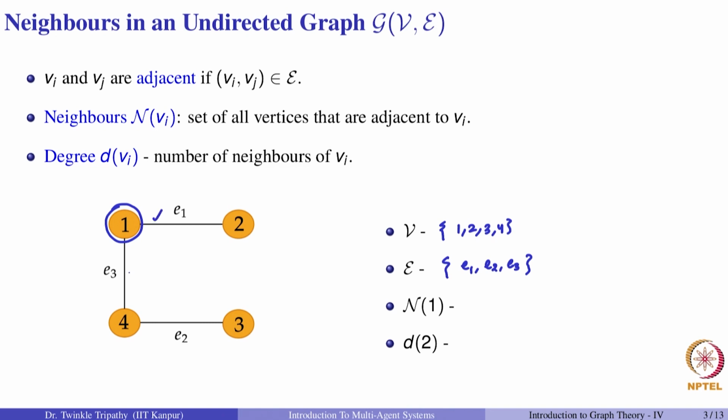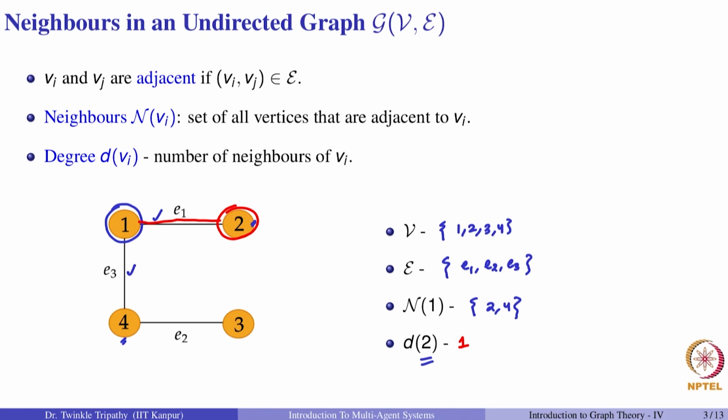We see that it has two edges and is adjacent to 2 and 4. Hence, its set of neighbors is simply this. And what is its degree? Degree is nothing but the number of neighbors that an agent has. Here it says degree of node 2. We see that node 2 has only one neighbor, which is 1. Hence, its degree is 1.